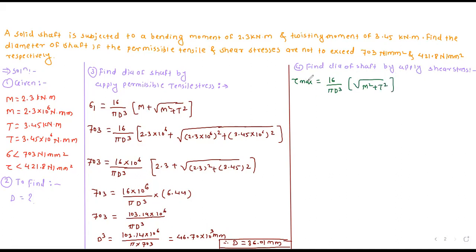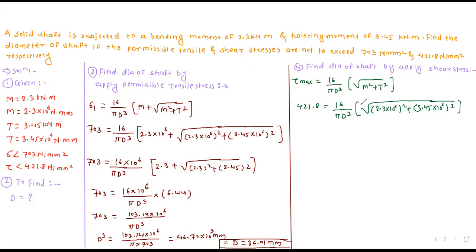The value of tau max is given, and this is 421.8, which is equal to 16 divided by pi d cube as it is, in bracket square root of M, which is 2.3 into 10 raised to 6 squared plus T, which is 3.45 into 10 raised to 6 squared.